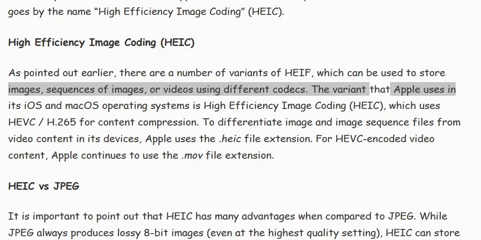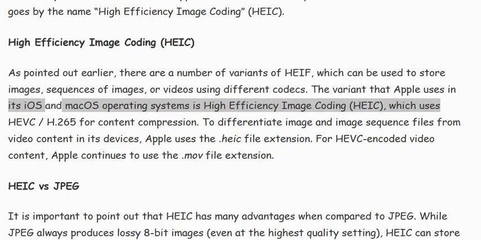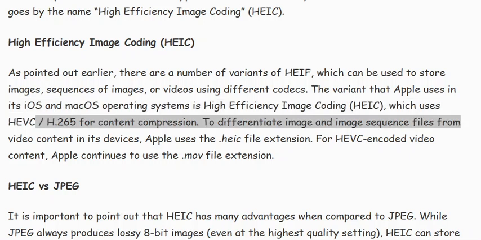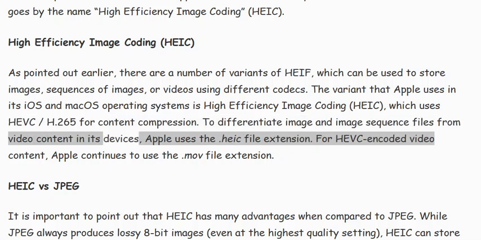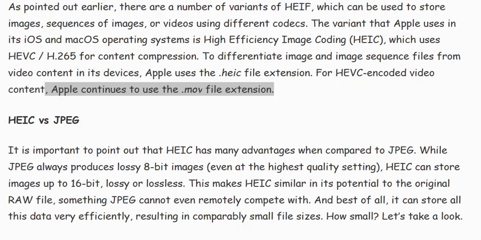The variant that Apple uses in its iOS and macOS operating systems is HEIC, which uses HEVC H.265 for content compression. To differentiate image and image sequence files from video content in its devices, Apple uses the .HEIC file extension. For HEVC encoded video content, Apple continues to use the .mov file extension.